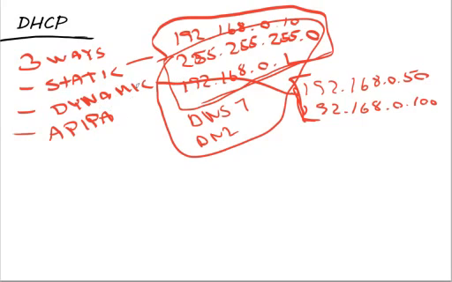But the last way to get an IP address is this, an APIPA address. This is what happens if you are either too lazy to give your computer a static address or have no DHCP server.